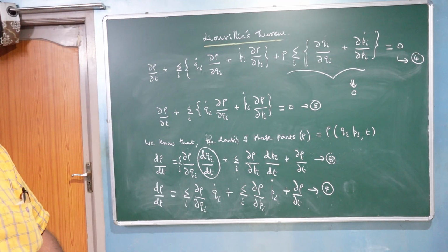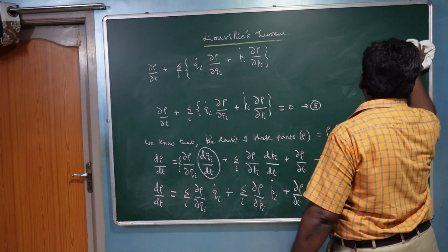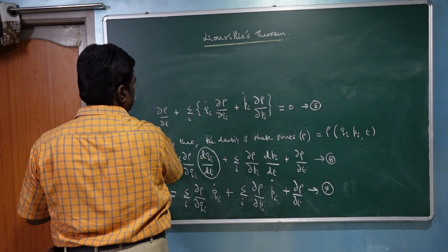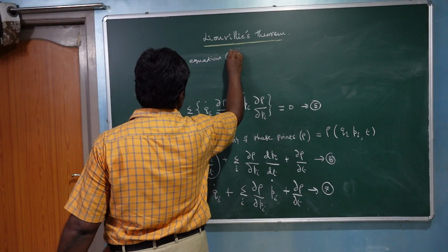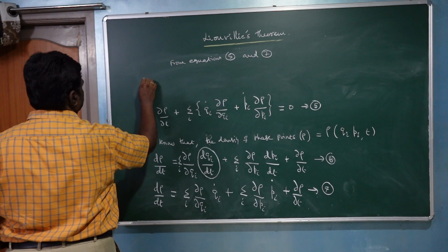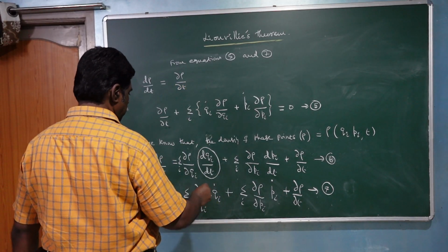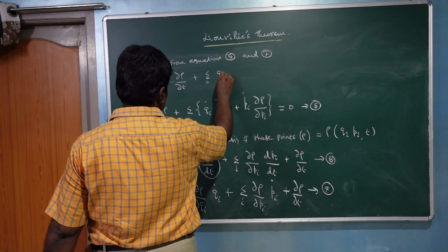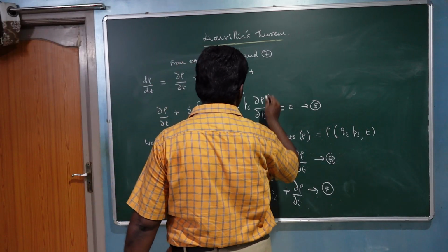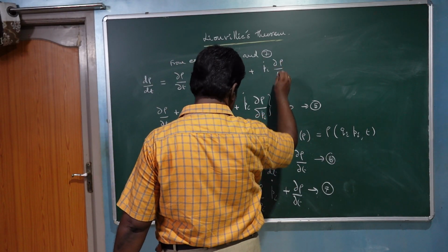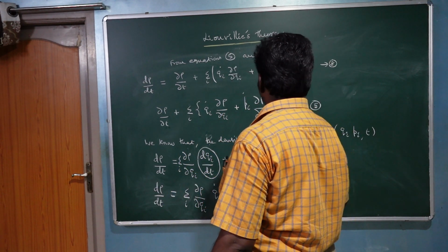Now we may write from equations 5 and 7, d rho by dt is equal to dou rho by dou t plus summation over i of qi dot dou rho by dou qi plus pi dot dou rho by dou pi is equal to 0. This is equation number 8.